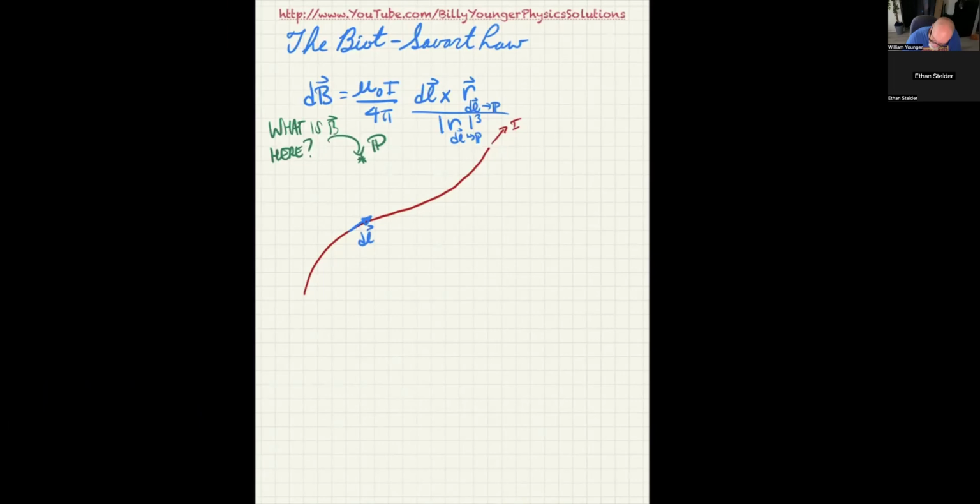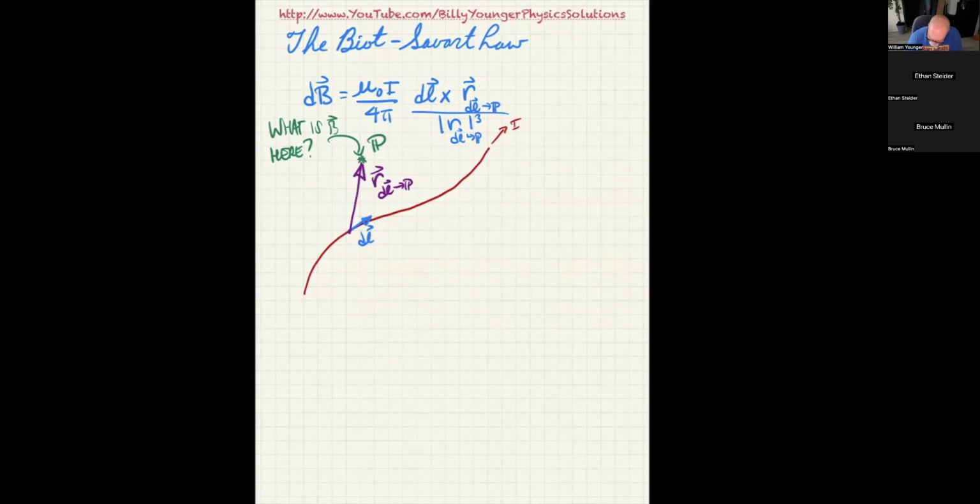Well, what you need is a vector from dl to P.